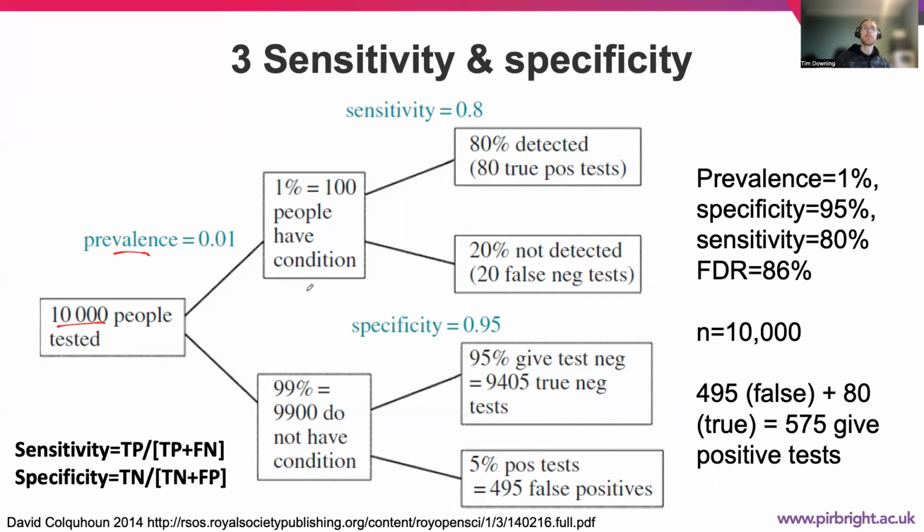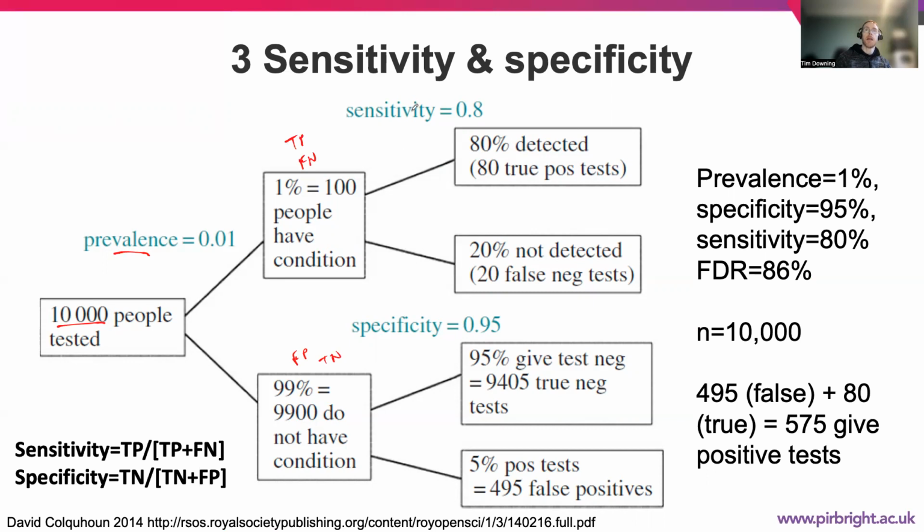to have the condition or have that feature, have the allele of interest. We look at the ones that are either true positives or false negatives on this side. And then on the other side, we have the ones that are false positives potentially or true negatives.